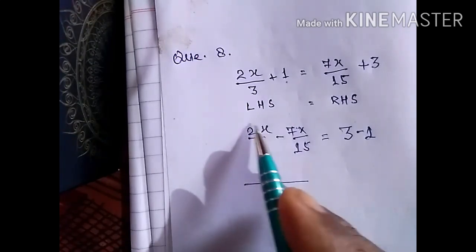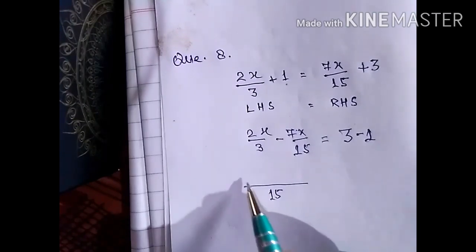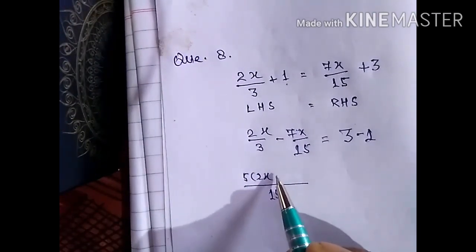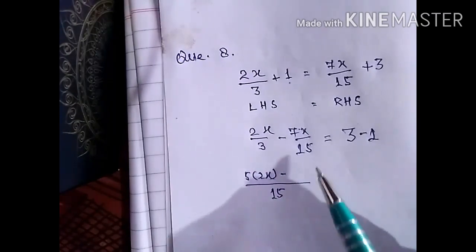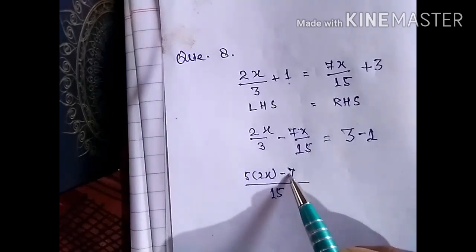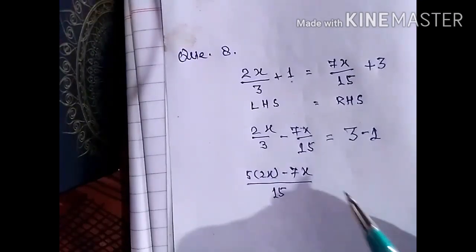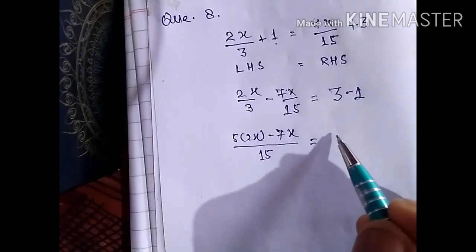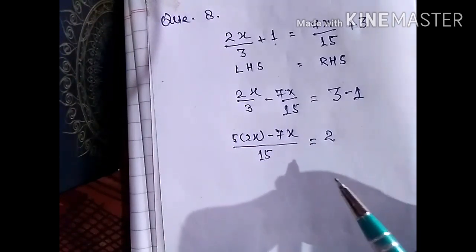So we have to multiply this 2x by 5. So it will be 5 into 2x minus, and here 15 is already there, students. So we have to write this 7x is equal to, this one will be 3 minus 1, that is 2, student.